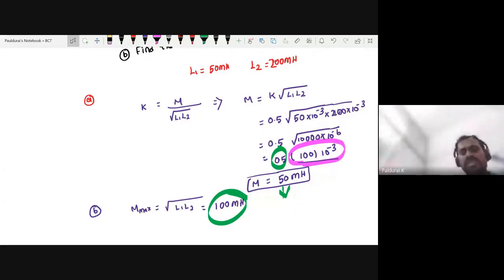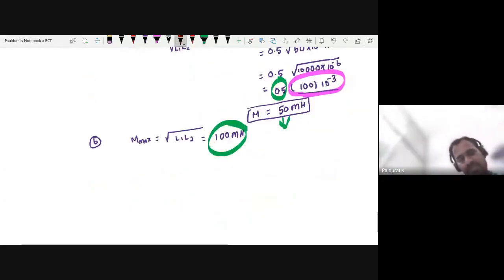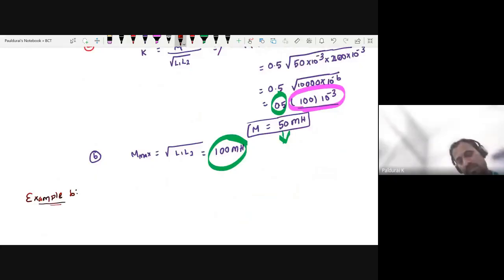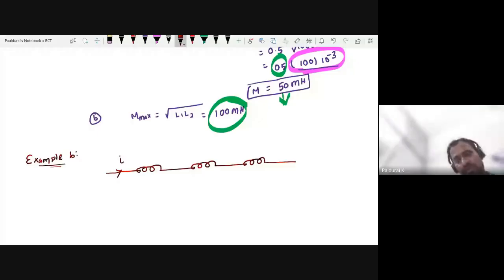My final problem for you people for today's class. Example number 6. Just take it as homework. This time I want to take 3 coils in series. The same current is flowing. So this time L1 is 1 Henry, L2 is 2 Henry, L3 is 5 Henry.